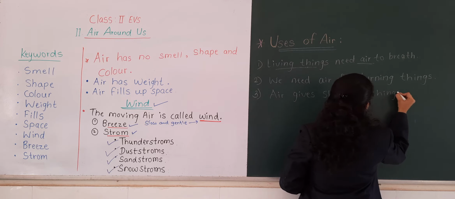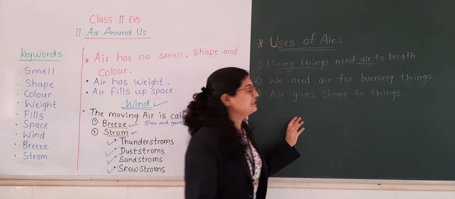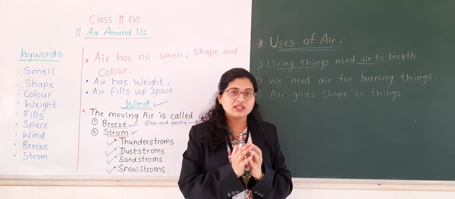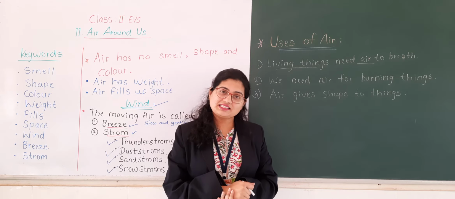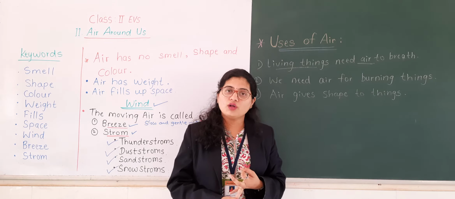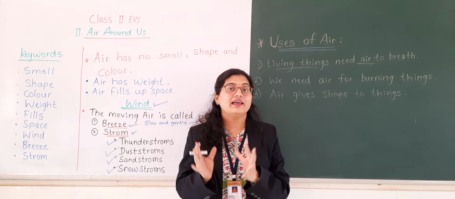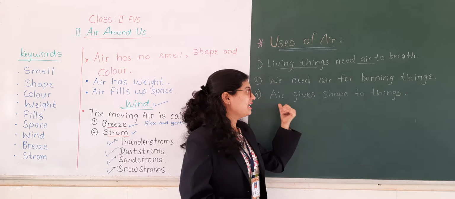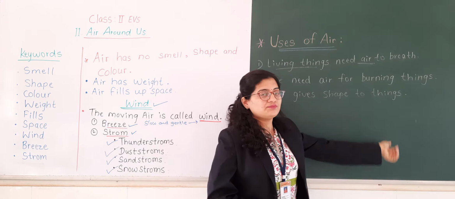Right, children? As we also saw in the last session, when we blow a balloon, it becomes bigger in size. Some things such as tires, footballs and balloons need air to get a proper shape. From that we can say air gives shape to things.